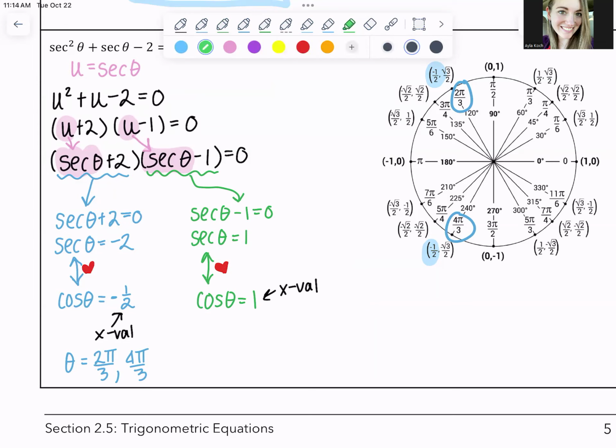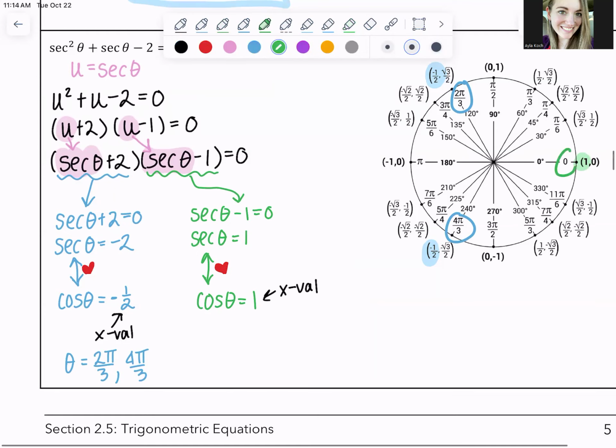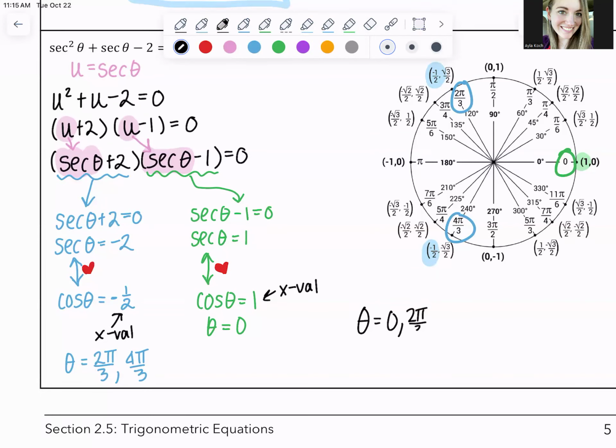Well, the x value is 1 only at one place, over here at 0. So we get theta equal to 0. If we combine together all of our answers, we have theta equal to 0, 2 pi over 3, and 4 pi over 3. And those are our answers.